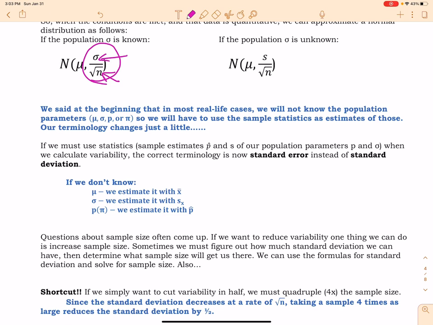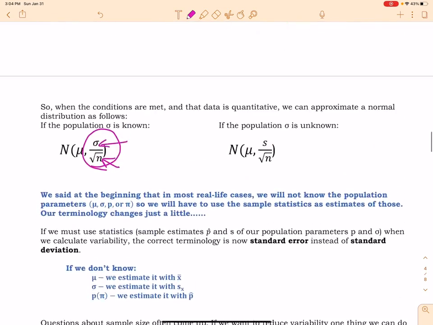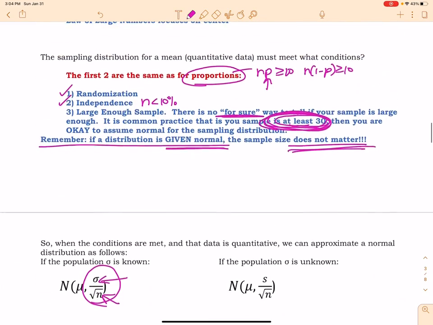So you have to be given a standard deviation that has been estimated through gathering of data up until this point. Just know that going in. I think that's all for this video, and I'm going to work some examples for you in the next videos.